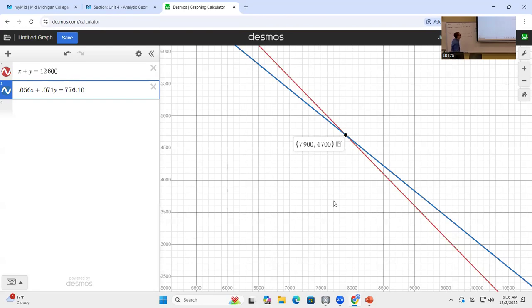That means the investor put 7,900 into stock A and 4,700 into stock B. Does that make sense where we're getting at? Yeah. That's just solving by graphing there.